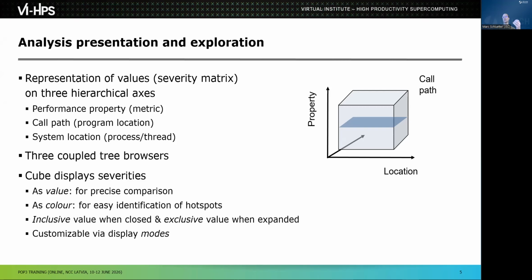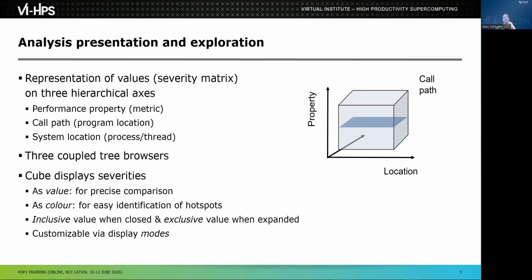The property is basically the topic you're looking at, while the call path is where it's located in your source code, so which MPI call is relevant, which OpenMP region you are looking at, etc. And the system side is how the behavior is on the system, on the processes, different nodes. The system tree itself contains a certain structure depending on how much information we're getting from the system. You may see the nodes, the racks, and planes, for example. And you basically explore the metrics along the lines of these three dimensions.